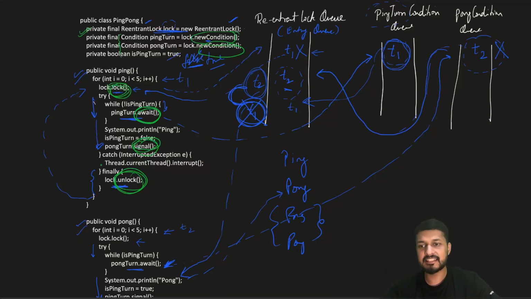The second thing is very important. Whenever you acquire a lock using reentrant lock, you always have to write a line inside finally, right, which will release the lock. lock.unlock, irrespective of whatever program you write, this will be present inside the finally block, because if you don't do this, your program will be stuck forever, right?